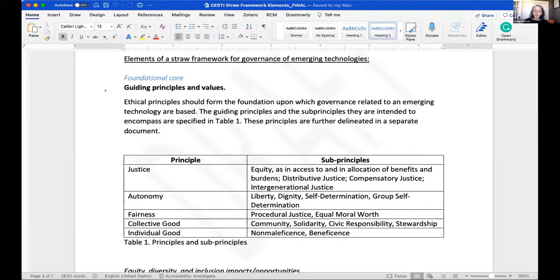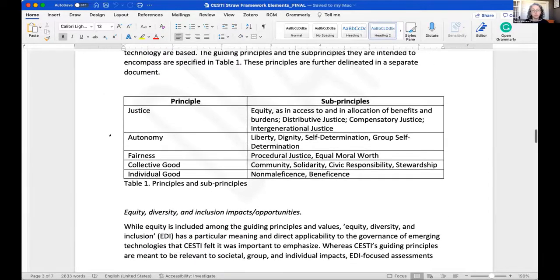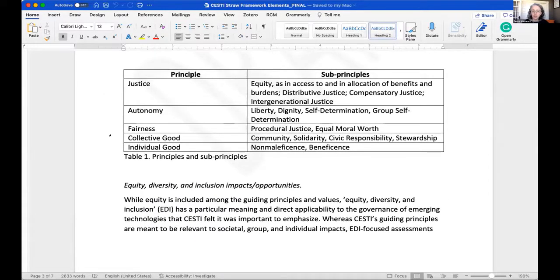I also spoke yesterday about the guiding principles and values that CESTI came to, and this is the foundational core of the straw framework elements. And you just heard George reiterate justice, autonomy, fairness, collective good, and individual good.